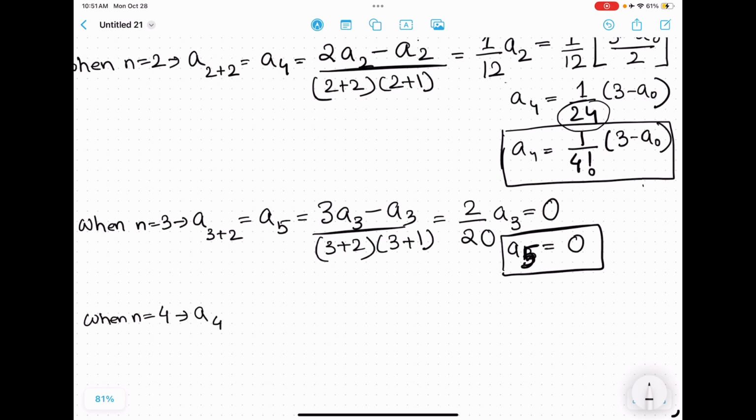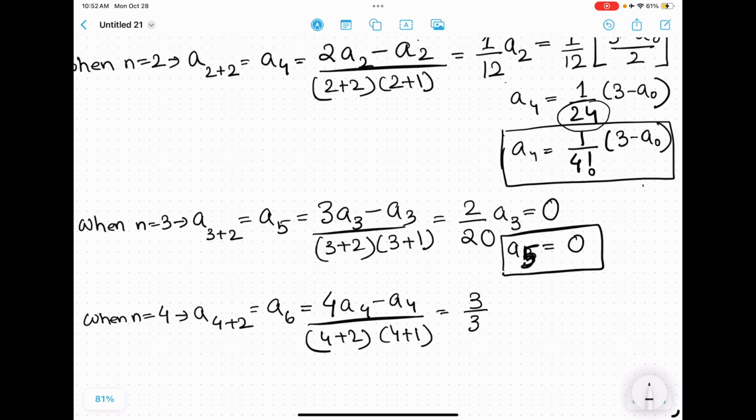Which is a sub 4 plus 2, that is a sub 6, equals 4a sub 4 minus a sub 4, divided by 4 plus 2 times 4 plus 1, which is 4 by 30 a sub 4. Now I can see that my a sub 4 is 1 divided by 24 times 3 minus a sub 0.